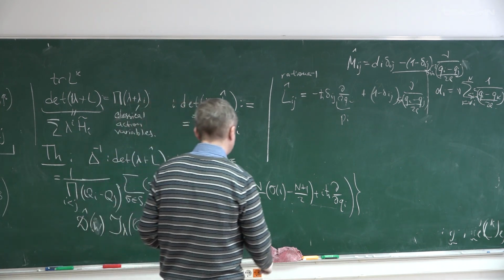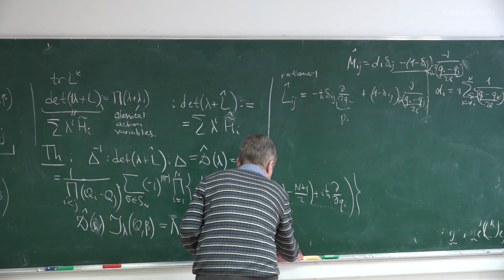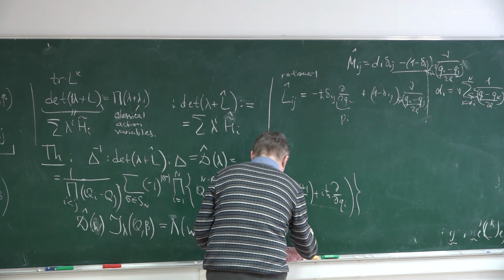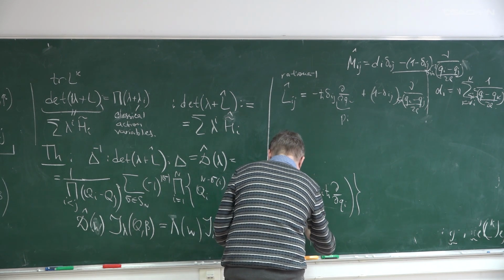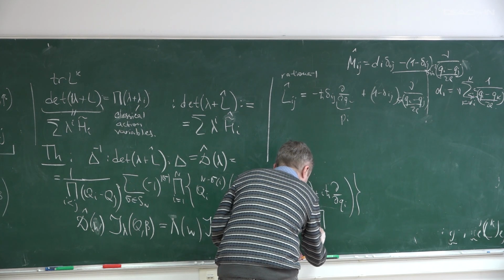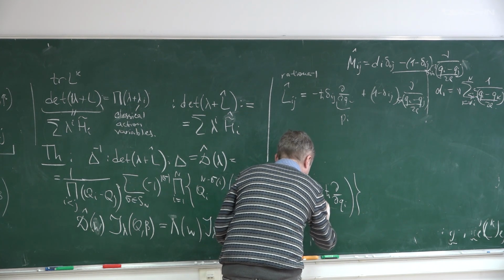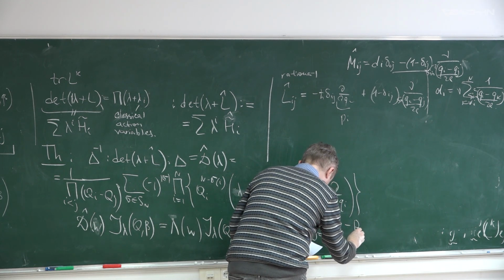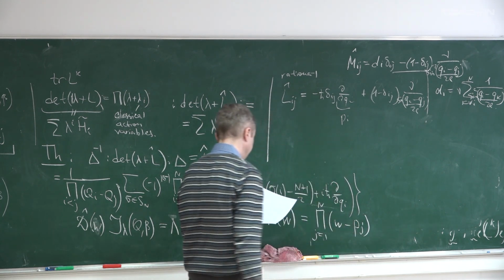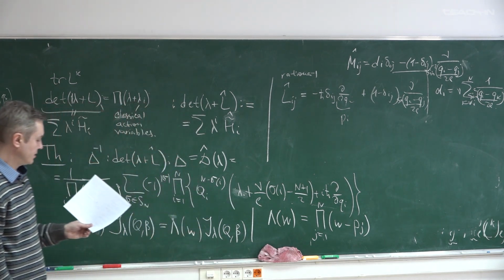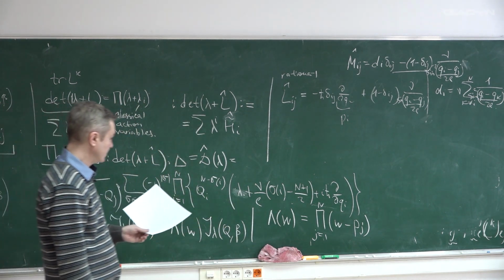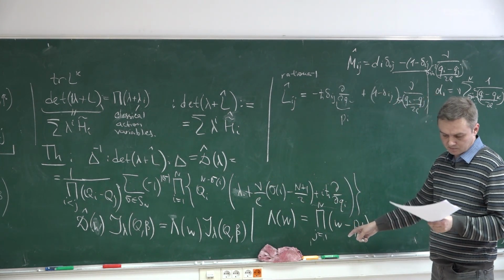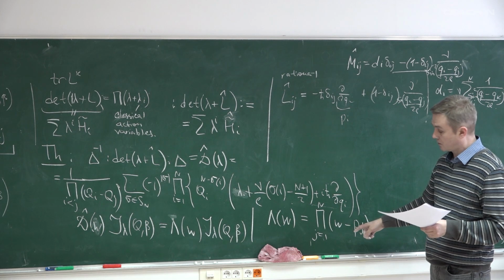And this capital lambda of w is equal to the product from 1 to n of w minus p_j, if I'm not mistaken, maybe a plus. I'm not sure about this sign, but maybe it is correct.